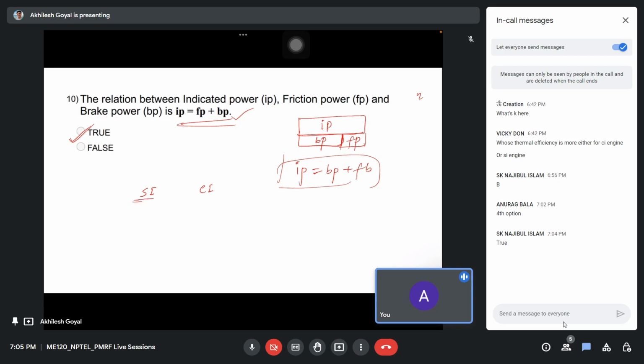In the case of SI engine, the compression ratio ranges from 6 to 12, but in the case of compression ignition engine, CI engine, the compression ratio ranges from 16 to 24. As the compression ratio of CI engines is high compared to SI engine, the thermal efficiency of CI engine is higher compared to the thermal efficiency of SI engine.